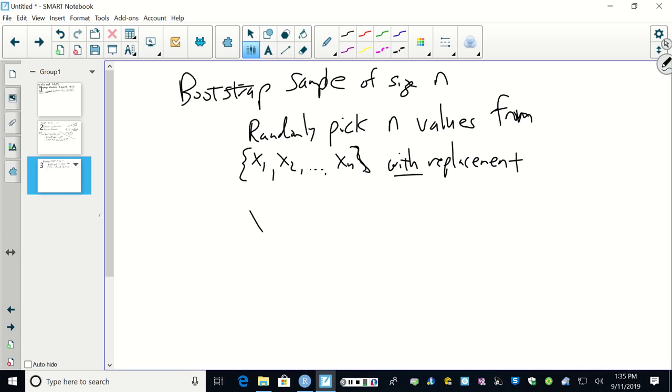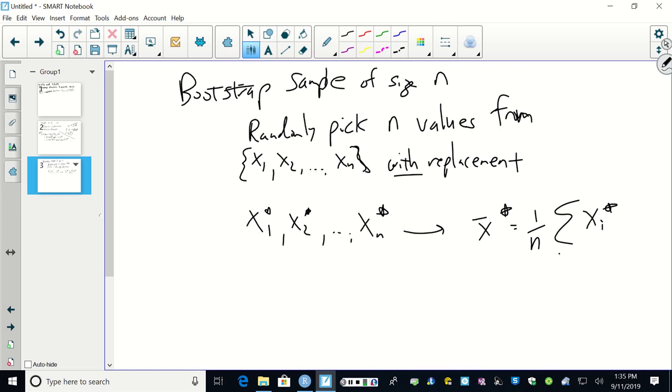And those new values could be called x1 star, x2 star, etc., xn star. We get our new values, and we use those to calculate one average: 1 over n, the sum of the xi stars from our new sample.